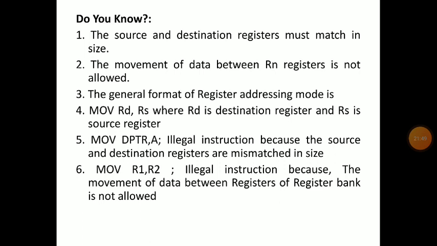Then the second point: the movement of data between R registers is not allowed. See, this is important, because you may think that since we have multiple registers R0 to R7, we can directly copy the data from register R0 to R7 or R1 to R7 or R2 to R3, but that is not allowed.